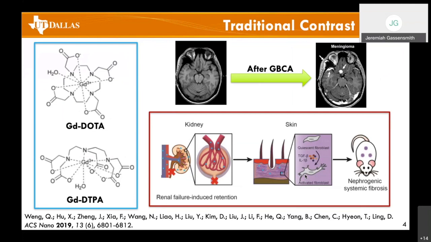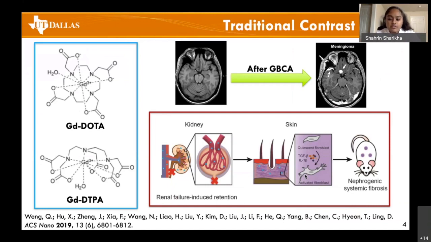So with NSF, or with patients who have kidney dysfunction, they're unable to clear the GBCAs properly from their kidneys, and the contrast agents end up spending more time in the body, and spending too much time in the body can lead to the gadolinium ions being dissociated from the ligands. And so as I said earlier, the free gadolinium ions can be toxic to humans.